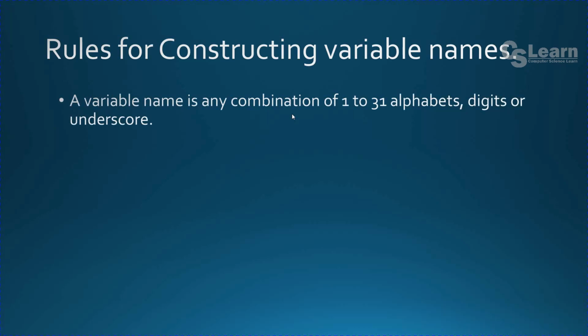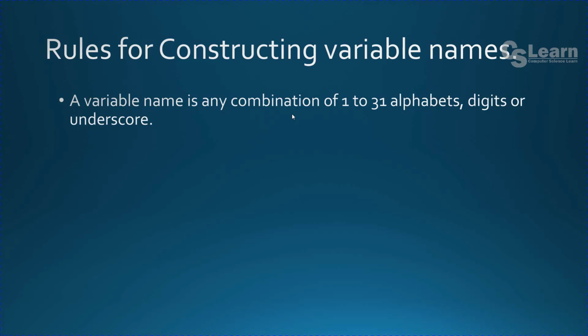Firstly, in C, a variable name is any combination of 1 to 31 alphabets, which may contain letters, digits, or underscore. The variable length is defined based on the capacity of your compiler.